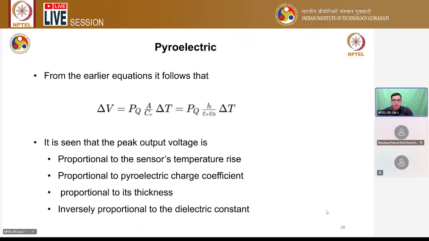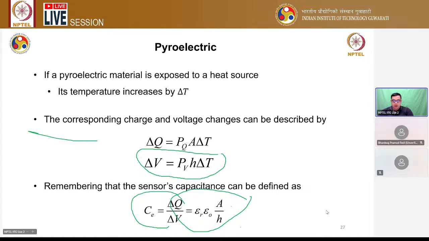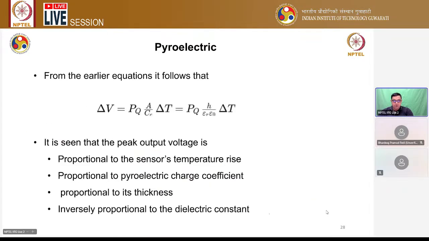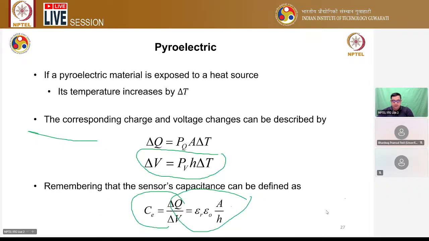What we tried to do is replace this value.